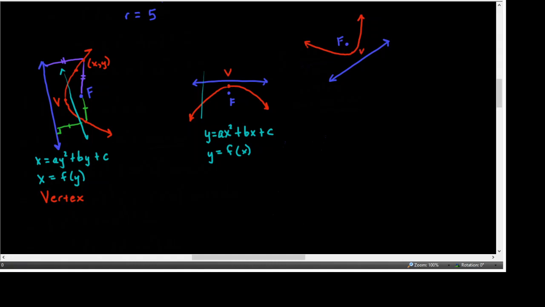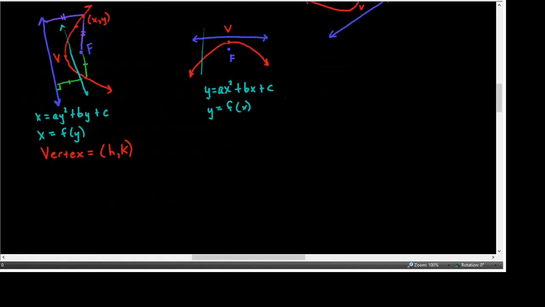Halfway between the directrix and the focus is the vertex. Okay, and that is what's going to get the special coordinate name h, k. So in this, the vertex is (h, k).